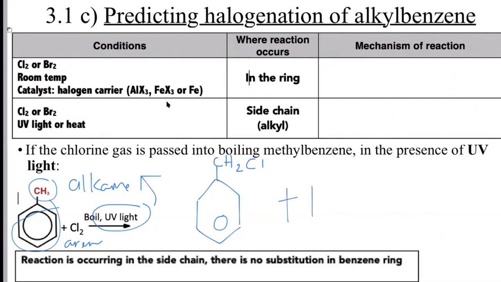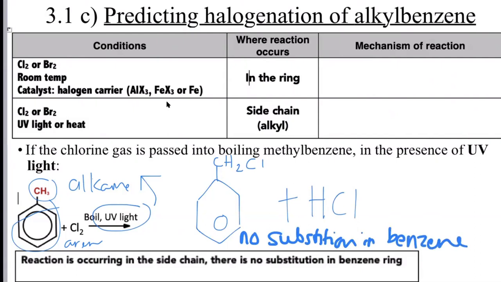The other side product is HCl. And this is a free radical substitution. Please take note that there is no substitution in the benzene ring, because this condition is only for alkane.